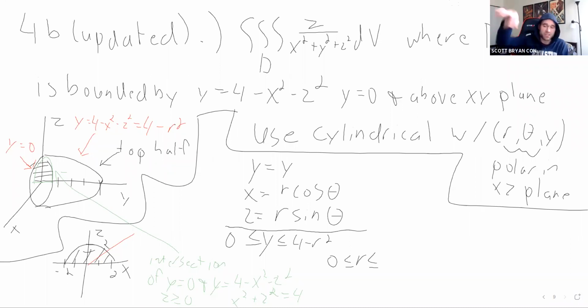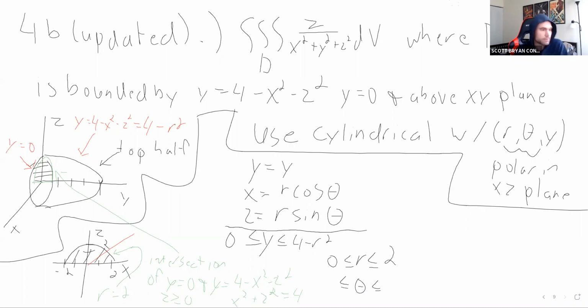Well, it's the bit of the circle, x squared plus z squared equals 4. That's a set of points of distance 2 away from the origin. So that is r equals 2. So r goes from 0 to 2.